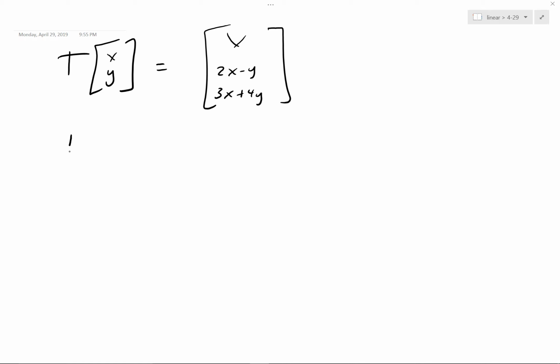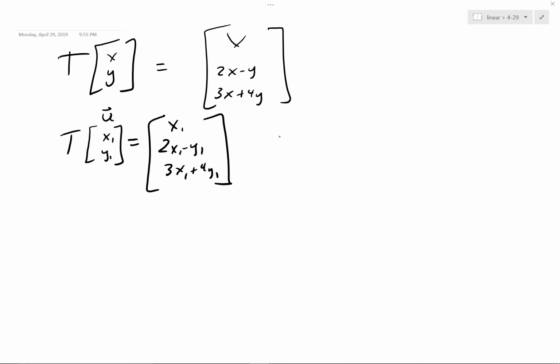Well, if the u vector was x1, y1, and the v vector was x2, y2, let's think about this. T of u would be equal to x1, 2x1 minus y1, and then 3x1 plus 4y1.